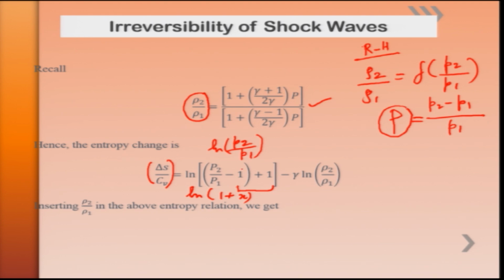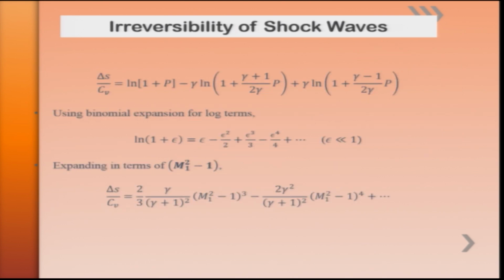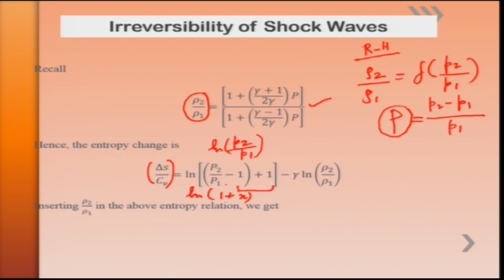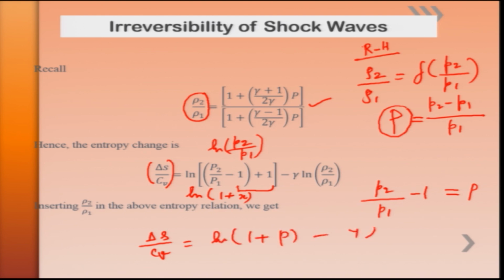So this becomes ln of 1 plus (P2 minus P1) by P1, and P2 by P1 minus 1 becomes P, and hence delta S by Cv is equal to ln of 1 plus capital P minus gamma ln of rho 2 by rho 1.